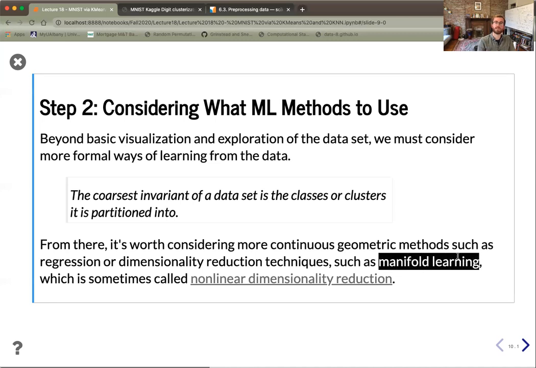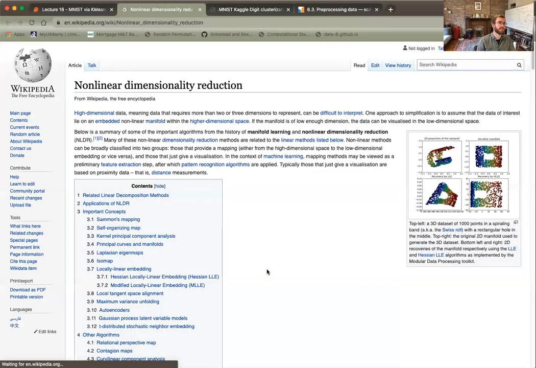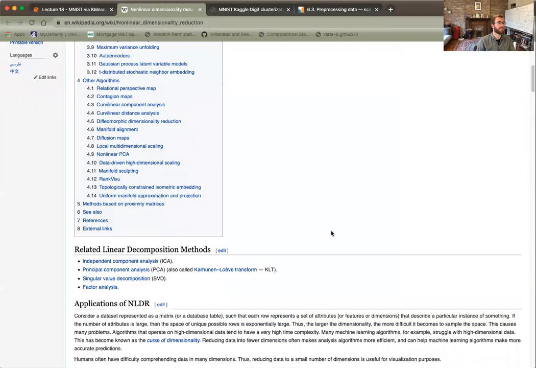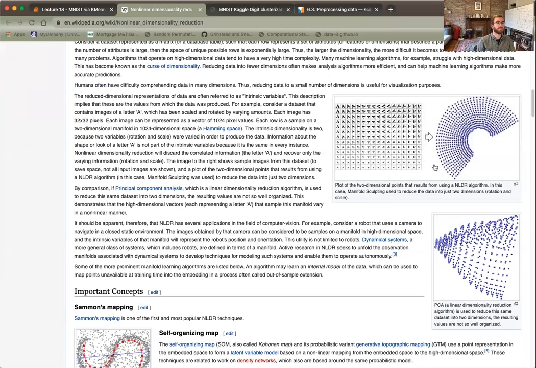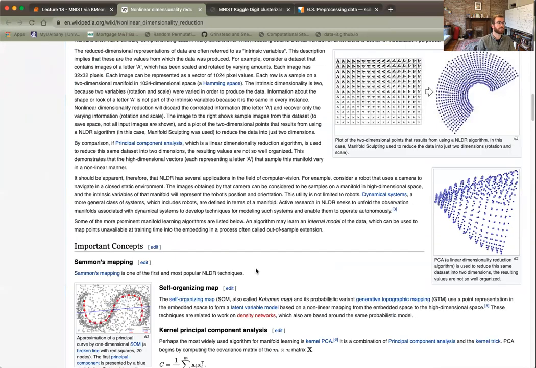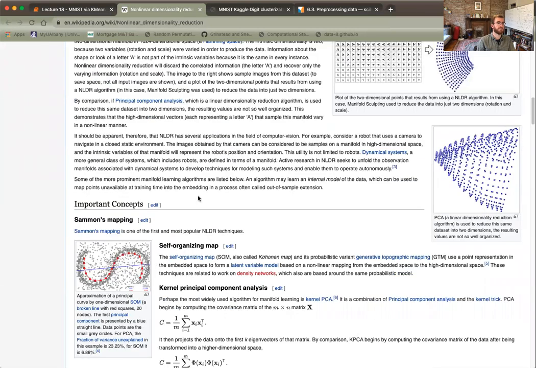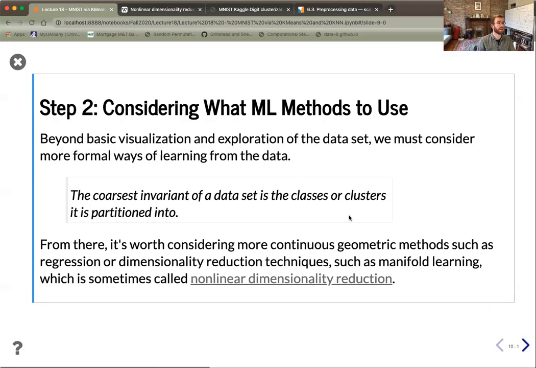Manifold learning is a concept that comes from differential geometry and has now been brought into data science. It sometimes goes under the heading of nonlinear dimensionality reduction. Basically, you want to figure out how your data is parameterized in continuous ways and deal with nonlinearity like that.